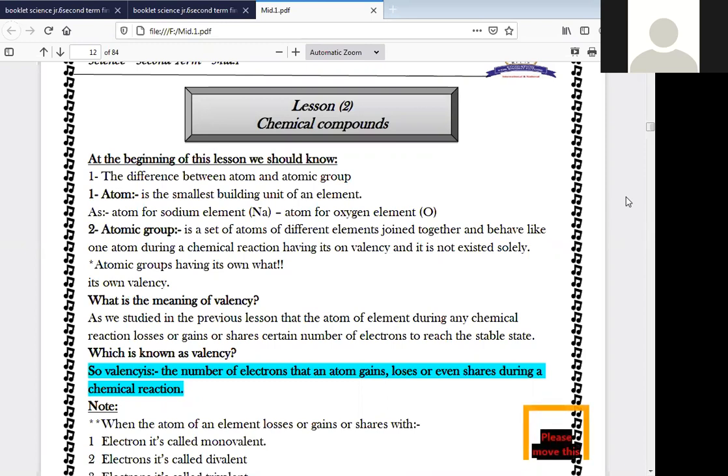Atomic group is a set of atoms, is a group of atoms. It's not only one atom. No, it's more atoms combined together.